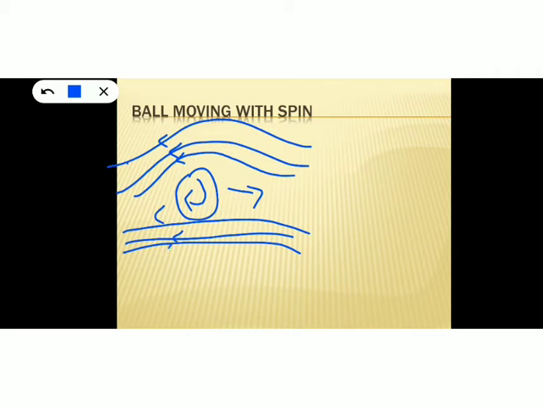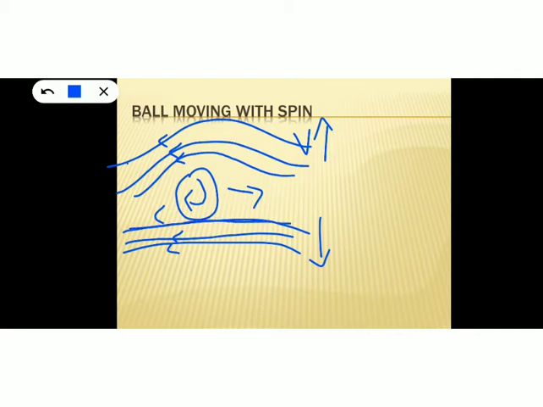From this, it's very clear that the velocity of the air above the ball is more, and the velocity of air below the ball is less, because above the ball the air is following a curved path, but below the ball the air is following an almost straight line path.